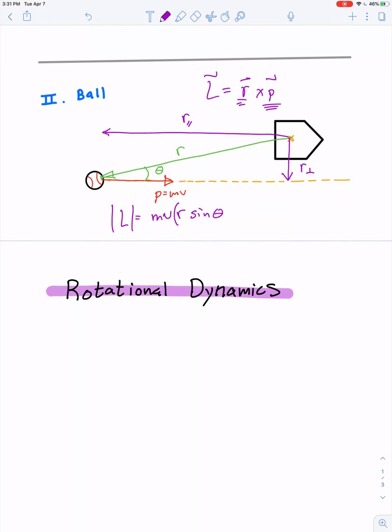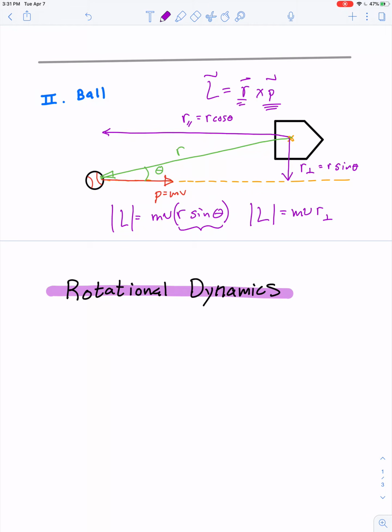But I want you to notice, if we consider r sine theta as one quantity, well, the parallel component of the lever arm is r cosine theta, and the perpendicular component is r sine theta. So what we're really saying is the magnitude of the angular momentum is the magnitude of the linear momentum multiplied by the perpendicular component of the lever arm.